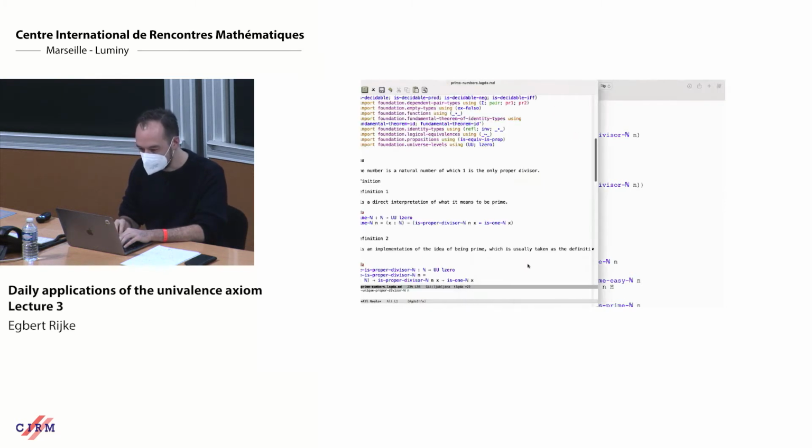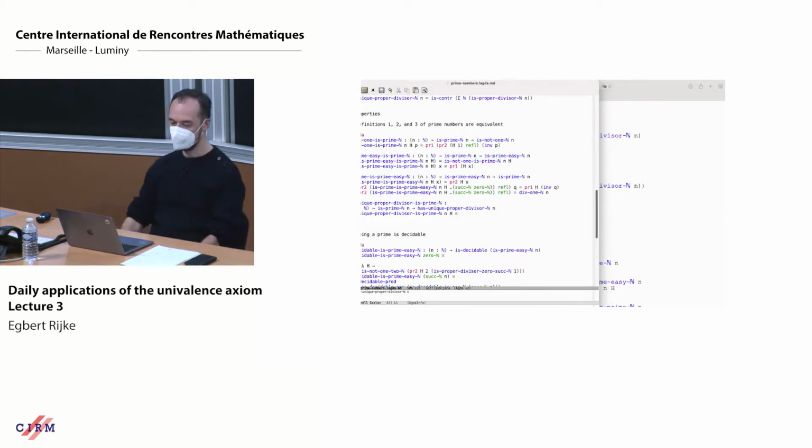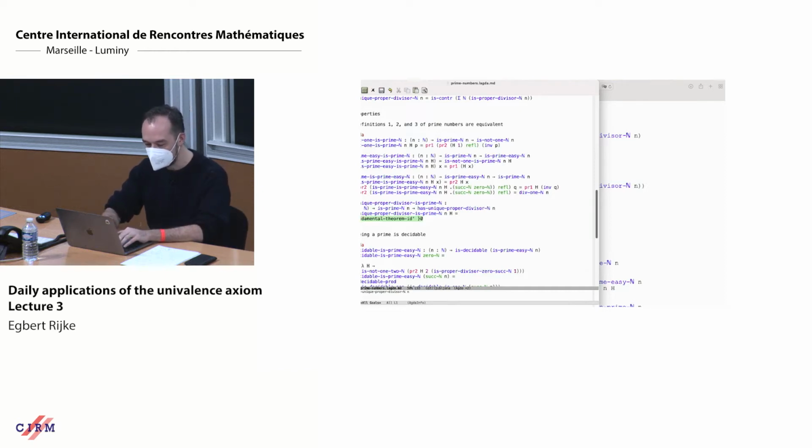So let's see. Now I'm in Emacs here, and the theorem is here. And the theorem that we should apply is the fundamental theorem of identity types. That's the one that allows us to show contractibility of something. So I'm just going to say fundamental theorem of identity types.